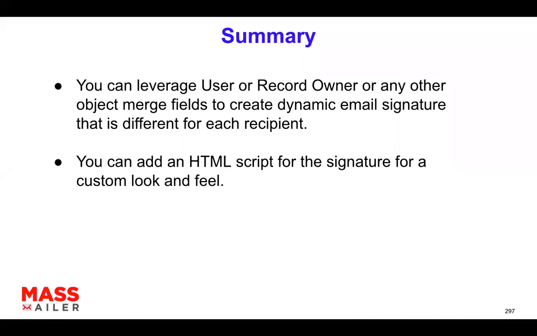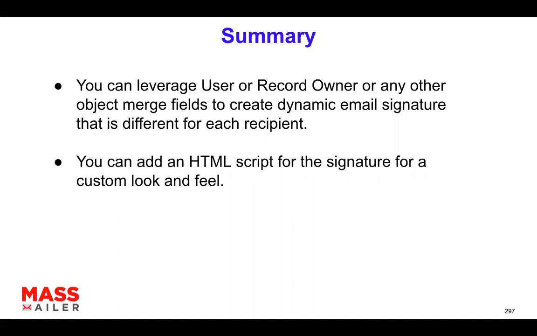So the concept is something similar, and there are multiple options available, and I'm happy to show you three of those options on how to bring in the merge field data into the email template, especially when it comes to the signature data.